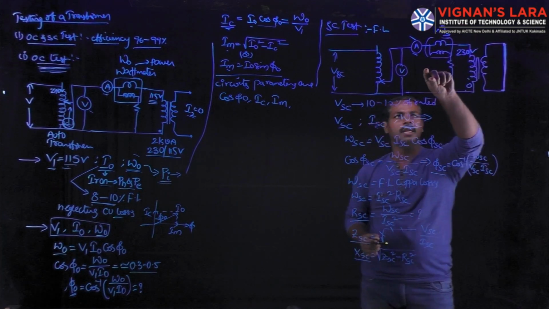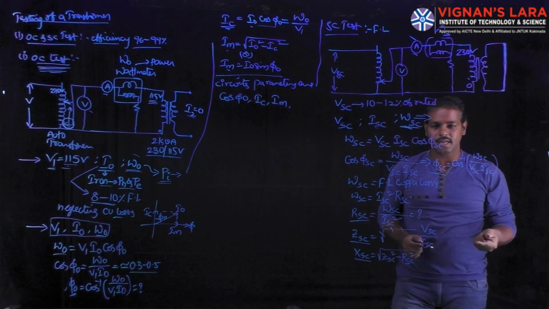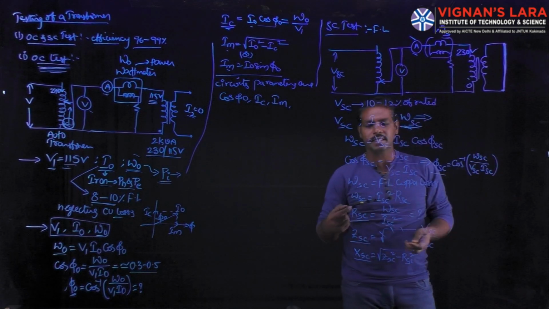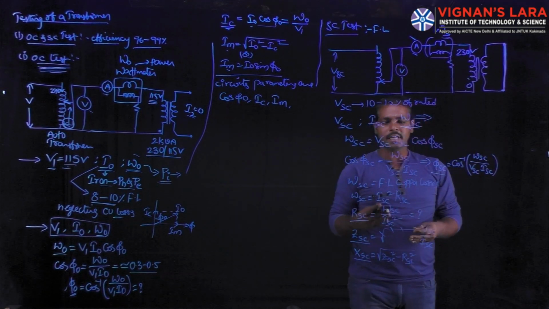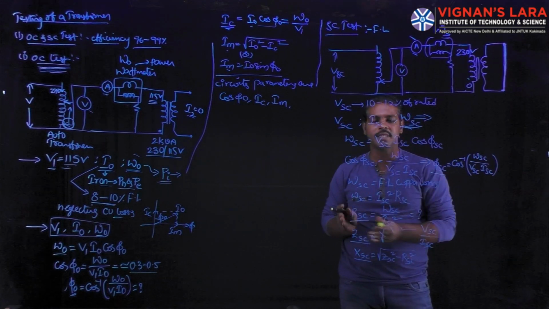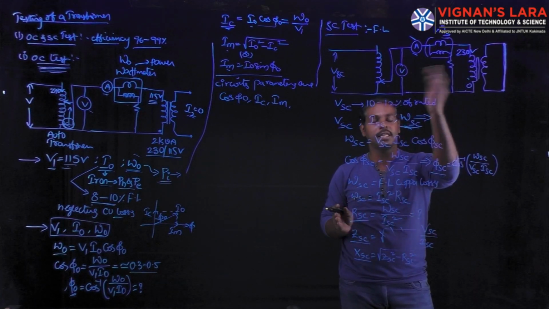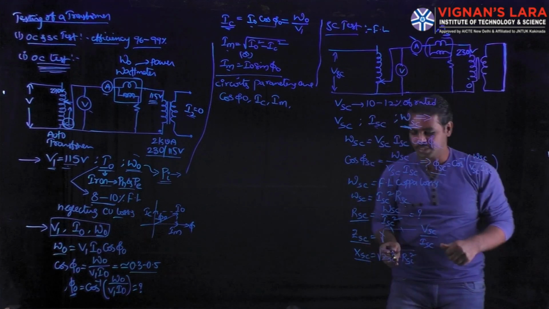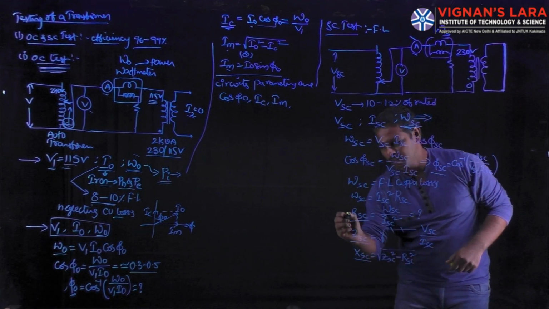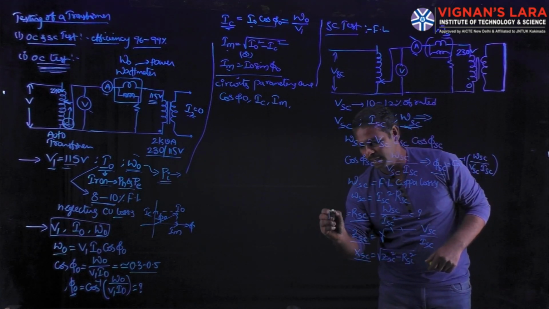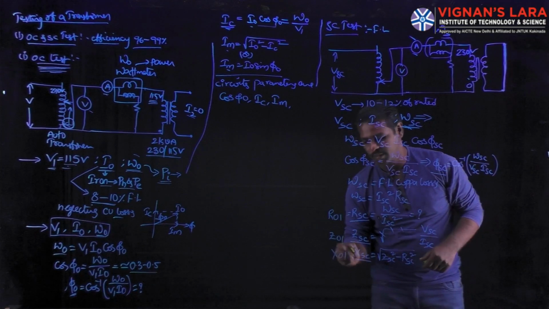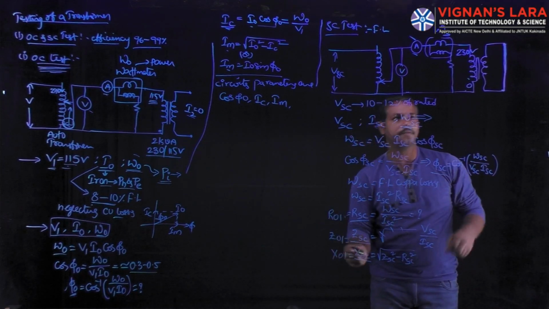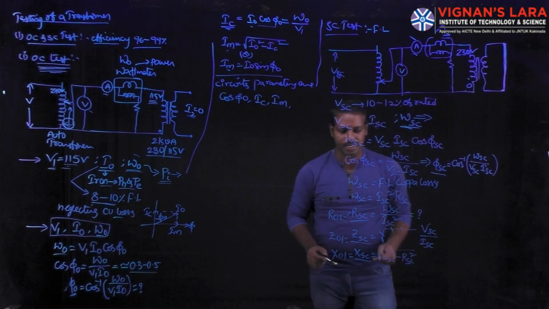Then only can we easily calculate the equivalent resistance and equivalent reactance of the transformer referred to the HV side, which are indicated as R01, Z01 and X01, because they are referred to the primary side.